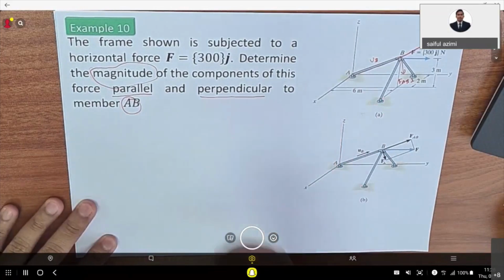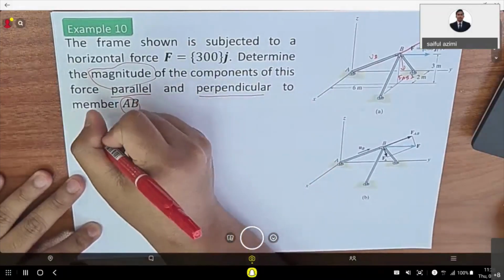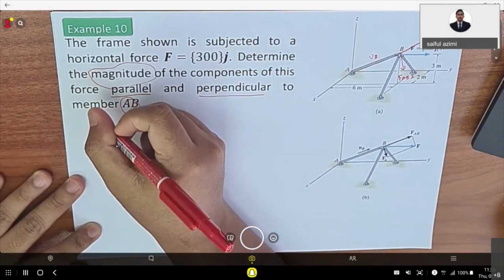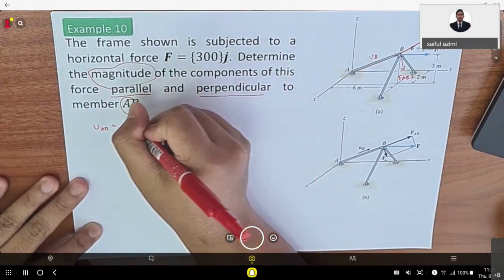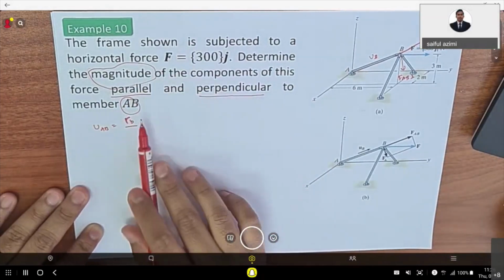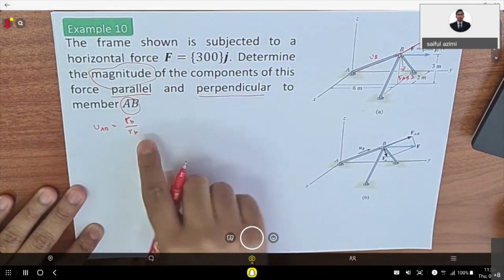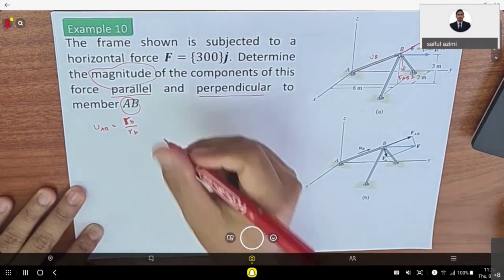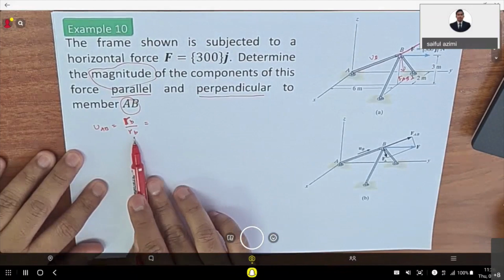According to our previous lesson, to find the unit vector, for example the unit vector of AB, equals rAB, which is the position vector. The bold one is the position vector, and the normal one is the length. We can differentiate. So the unit vector equals the position vector over the length of the vector.